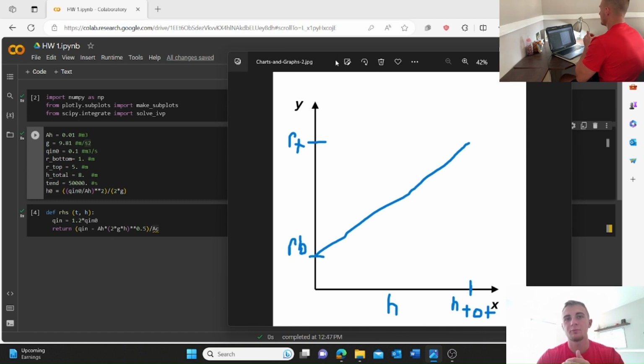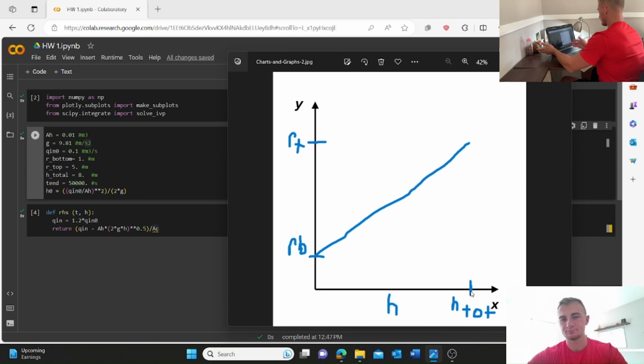And then we can simply plug r into pi r squared to get the cross-sectional area. So if we look here on the plot, we have r bottom at some point on the y-axis. We have r top, the top of the tank's radius, up above this. And we also have somewhere along the x-axis the total height of the tank.